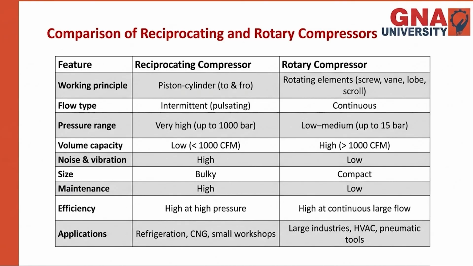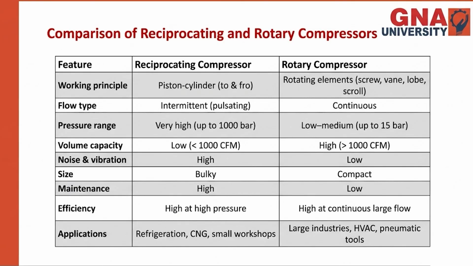So working principle in case of the reciprocating is the piston cylinder, that is the movement is to and fro as we have done. And in rotary compressors, they have rotating elements like screw, vane, lobe, and scroll type of compressors.